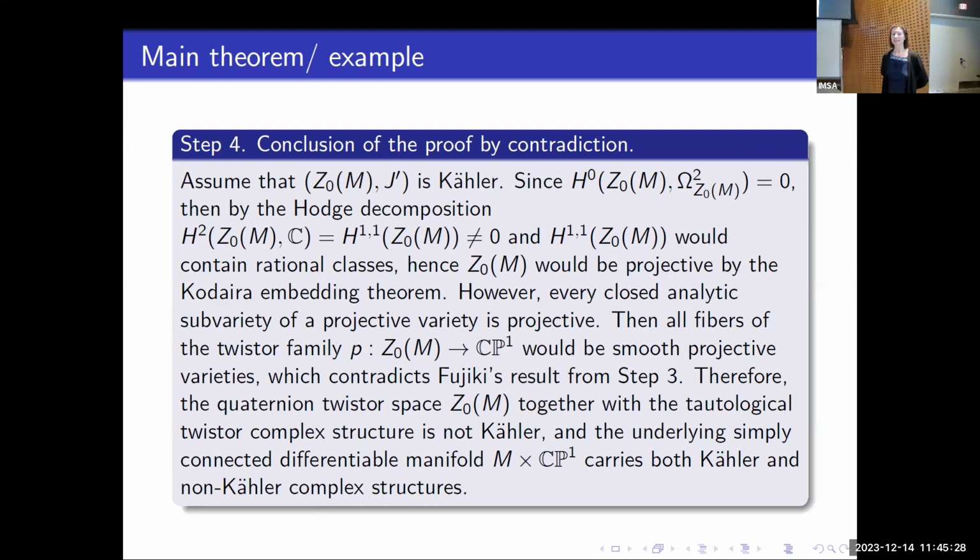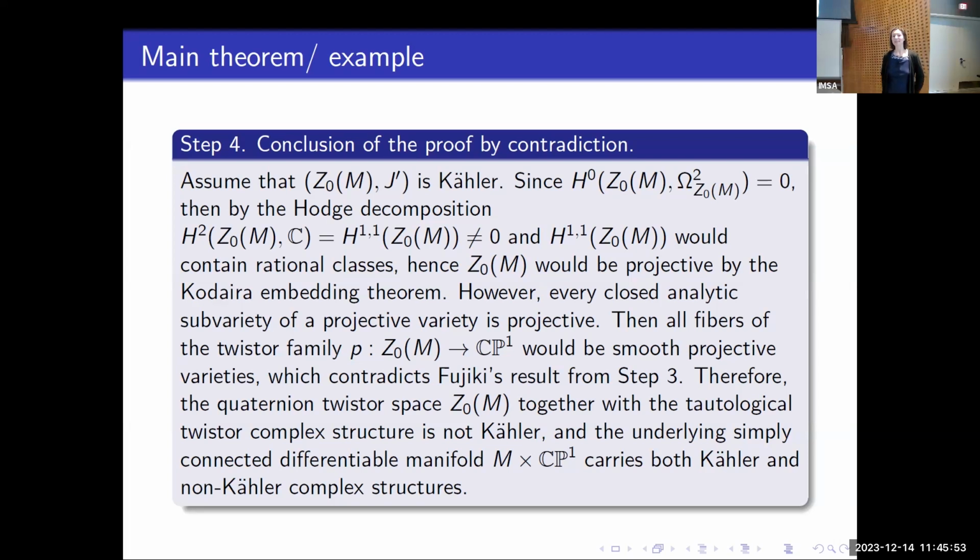You already assume that it is Kähler, so there is at least the Kähler class inside, so it's non-trivial. And therefore, H11 would contain some rational classes. Therefore, it is projective. And we know that every closed analytic subvariety of a projective variety is projective.